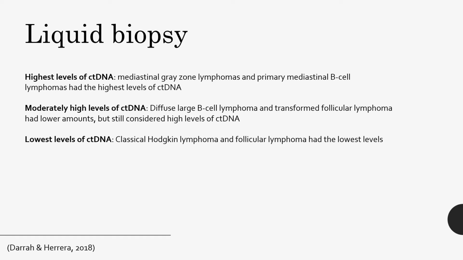Diffuse large B-cell lymphoma and transformed follicular lymphoma had lower amounts, but still are considered to be high levels of circulating tumor DNA. Classical Hodgkin lymphoma and follicular lymphoma had the lowest levels.